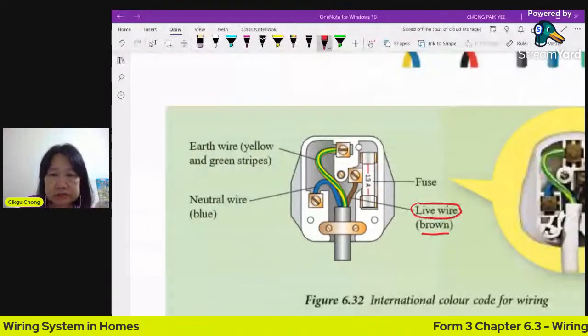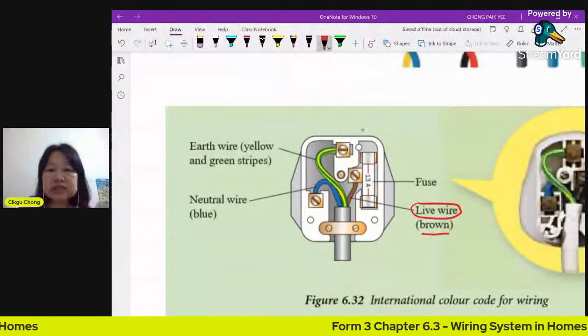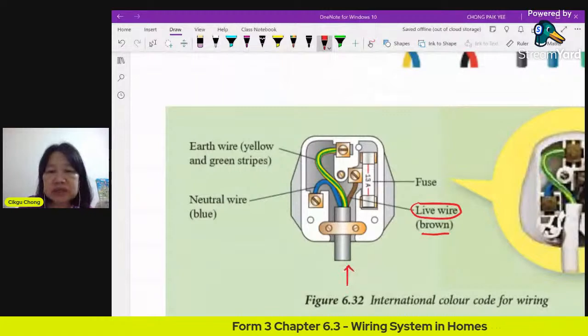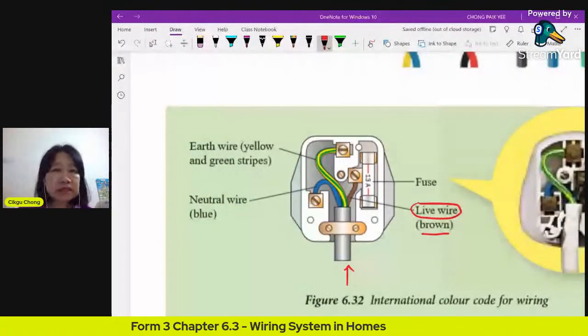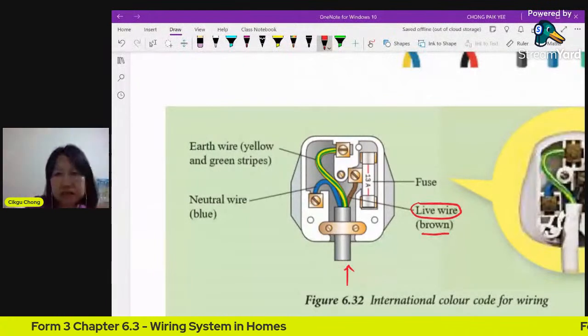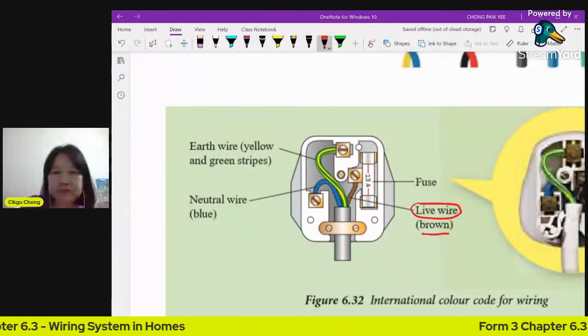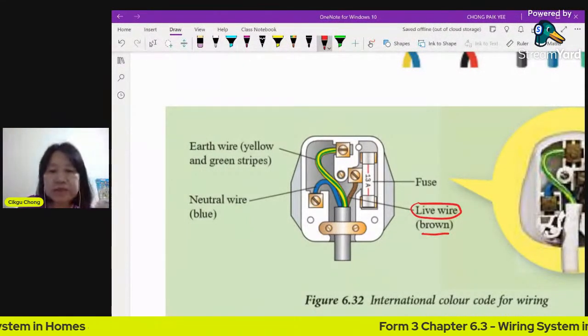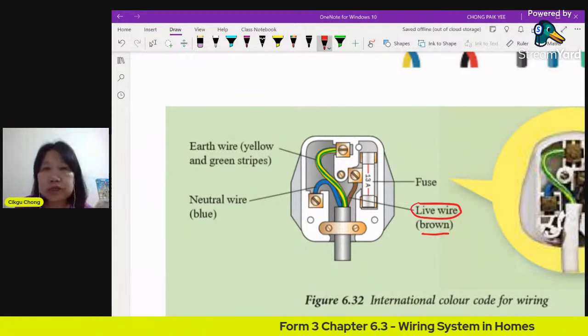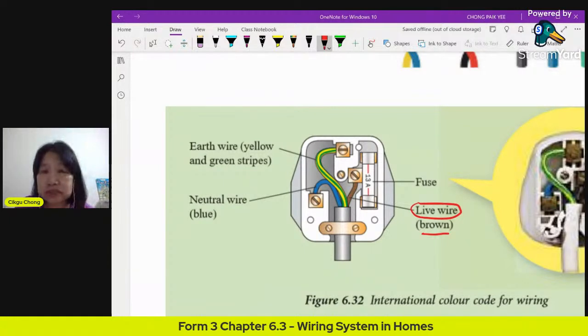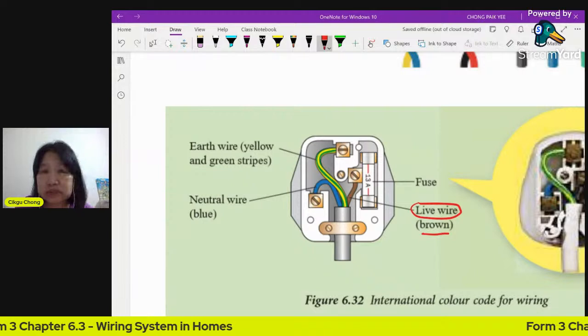A live wire is very important because it brings the current to your electrical device or to your house. It's color coded, a fixed color. You can't change the color. The brown wire is considered the live wire.